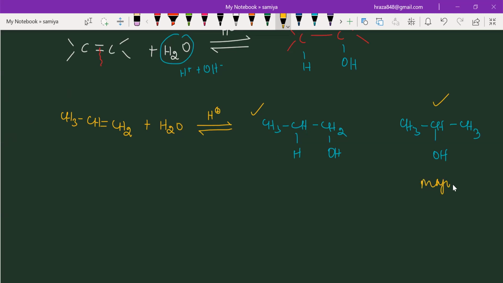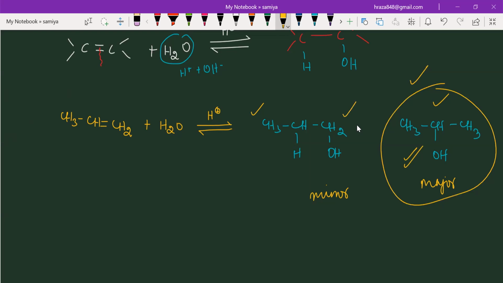This will be the major and this is minor, because symmetry is more here, that's why. Is that clear? Yes, sir. So you are going to write this product, not this product. Basically, it is like Markovnikov's rule from the previous chapter. Have you heard of it? In the previous chapter, you have heard of this Markovnikov.